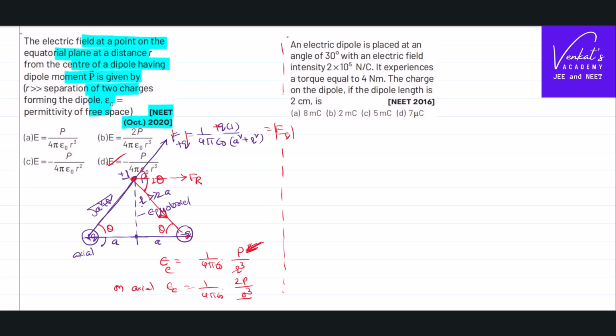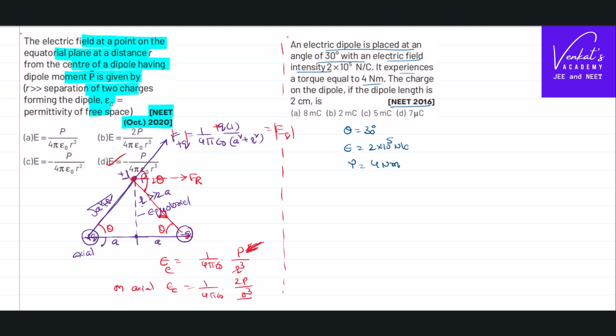That is one question. Let us have a look at the other question given in NEET 2016. It says, an electric dipole is placed at an angle of 30 degree with the electric field, that means theta is given as 30 degree, with an electric field of intensity E given as 2 into 10 power 5 Newton per Coulomb. It experiences a torque of 4 Newton meter.